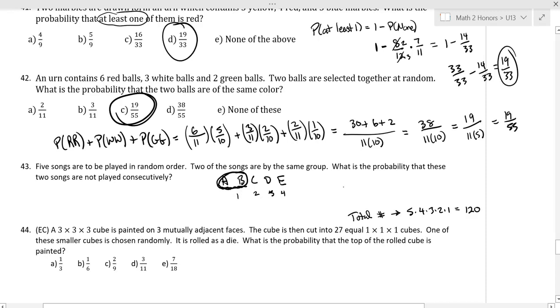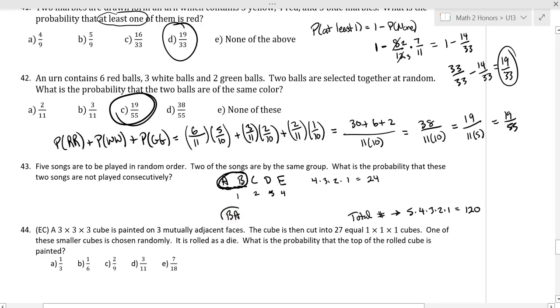So in this case, we are going to have 4 options, and then 3, and then 2, and then 1. By multiplying this together, we get 24 ways that A will be played right before B.